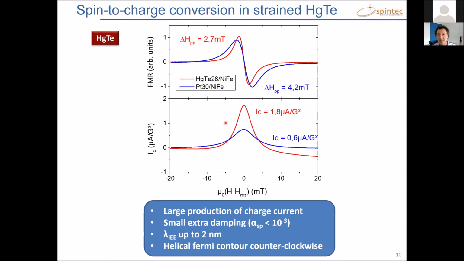You see that, first of all, the curve in red, the case of mercury telluride, produced a much larger current than the platinum sample, but also the damping, the linewidth, is much smaller in the case of mercury telluride with respect to the blue curve, which is the case of platinum. So we produce more current while we inject less current density. And in that case, the inverse Edelstein length that we estimate is around 2 nanometers.